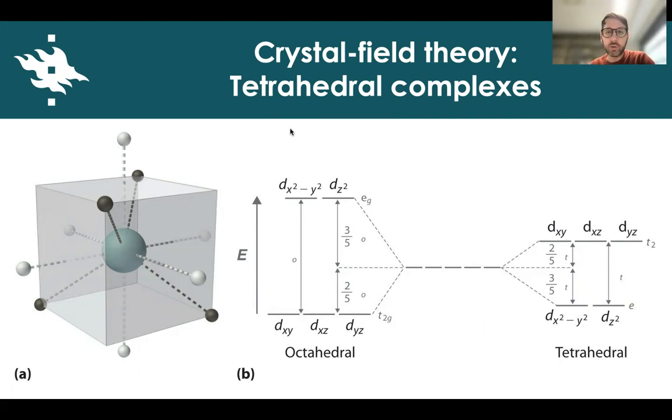Now, considering coordination compounds or complexes that have the tetrahedral geometry, we also have to analyze how the d orbitals on the central metal atom will be influenced by the point charges that represent the ligands under a tetrahedral environment.